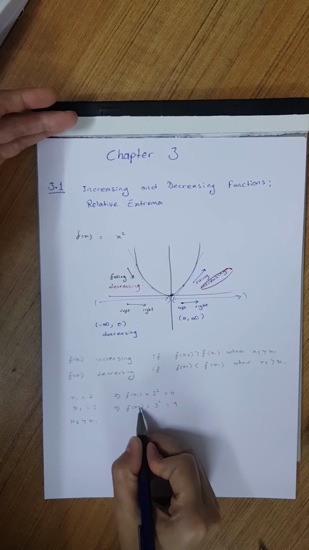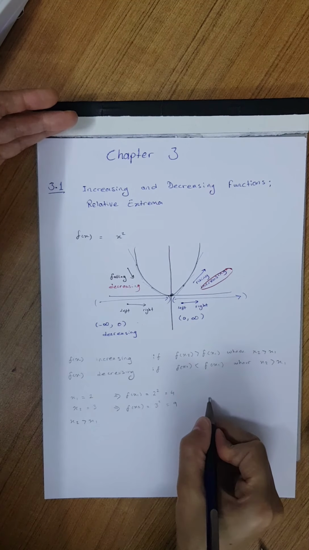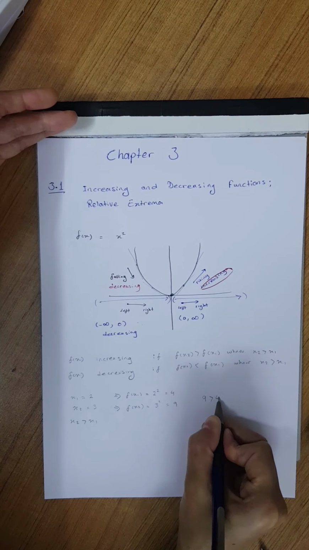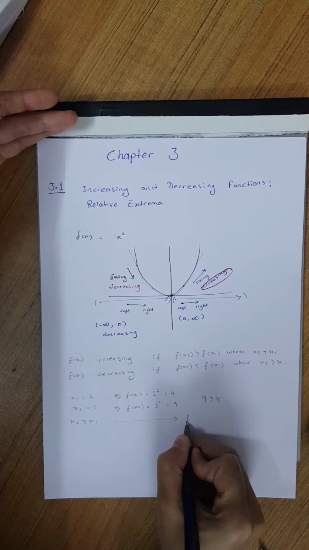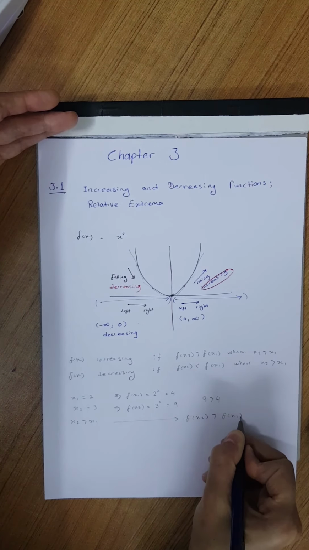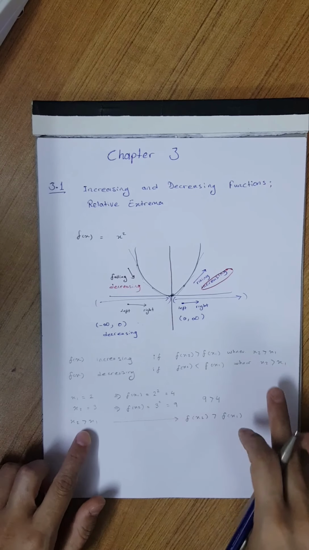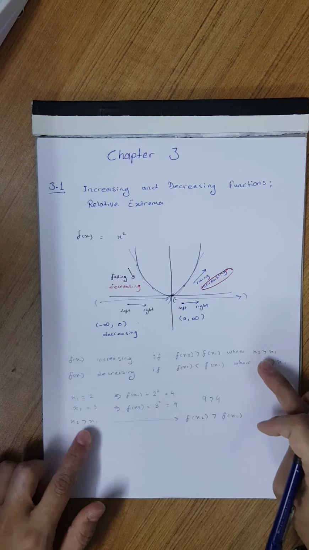If you look at f of x2 and f of x1, which one is greater? Of course, 9 is greater than 4. That means f of x2 is greater than f of x1. Look here, x2 is greater than x1. And what did we get?